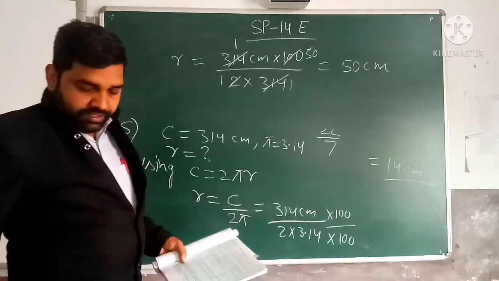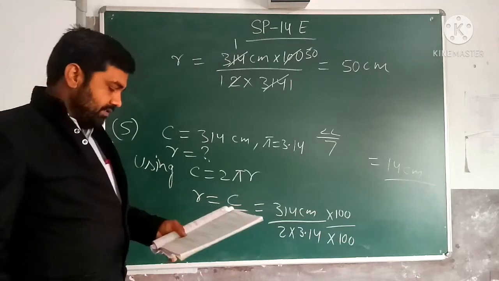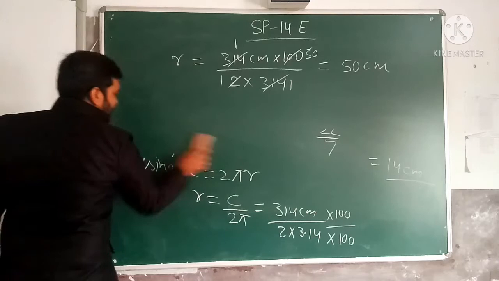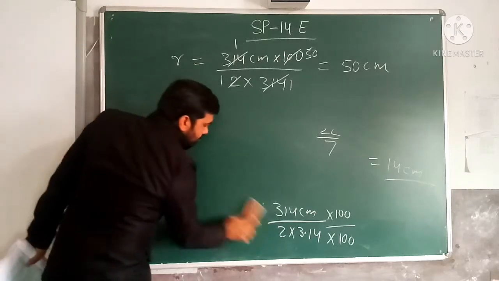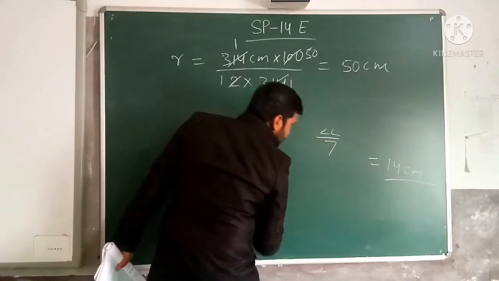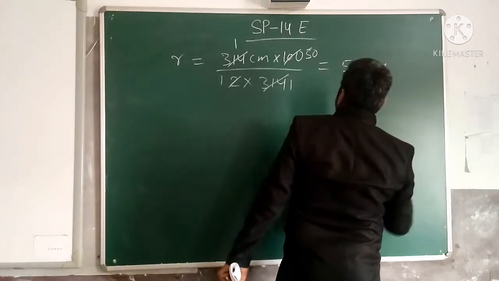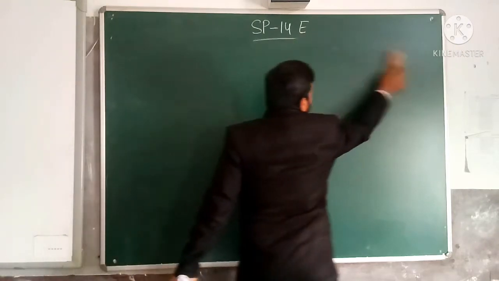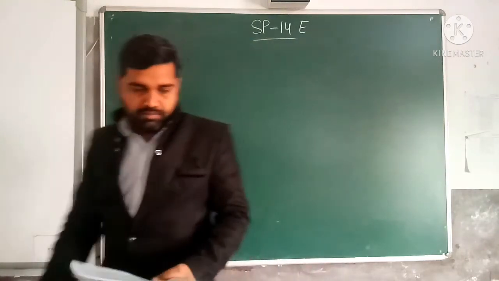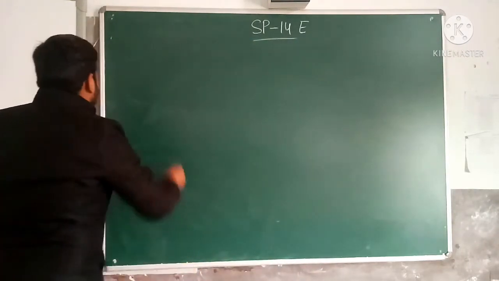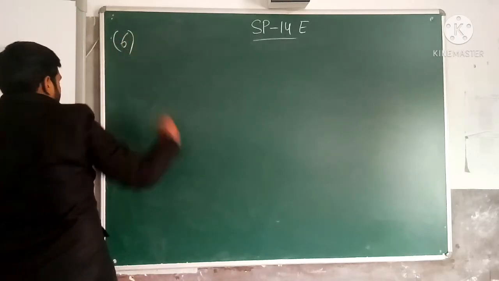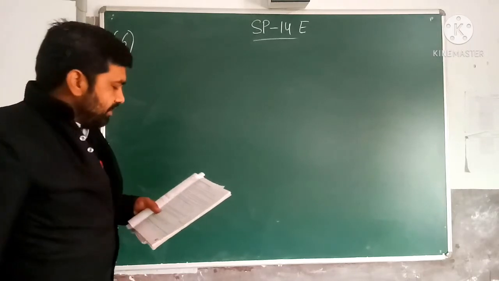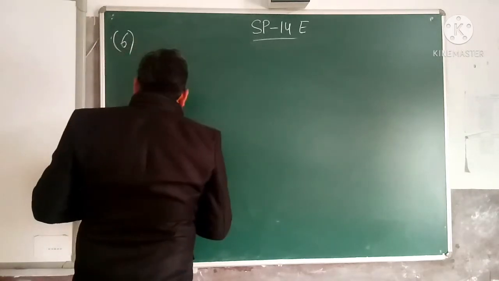So now we move to the next question, question number 6. The diameter of Ravi's bicycle tire measures 63 centimeter. So the diameter is given here.